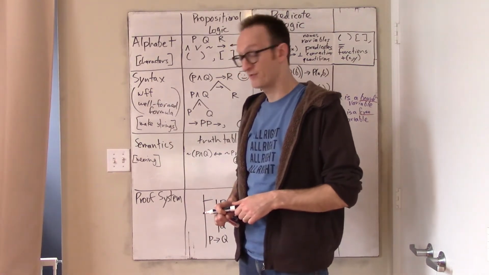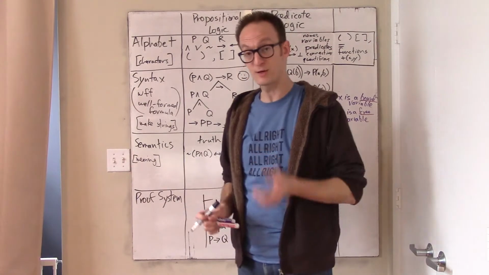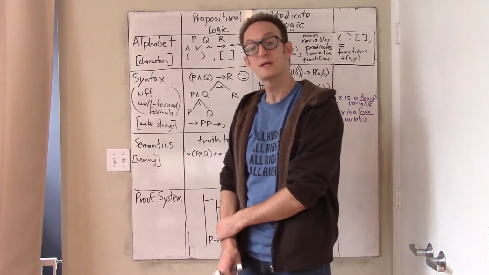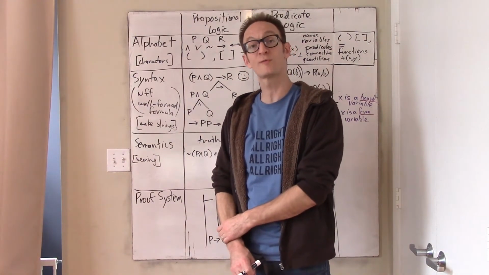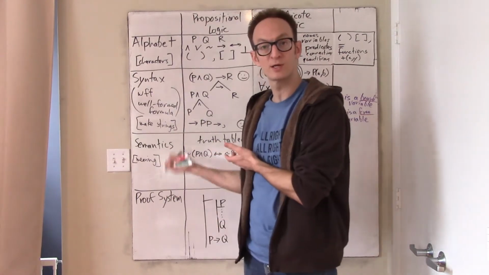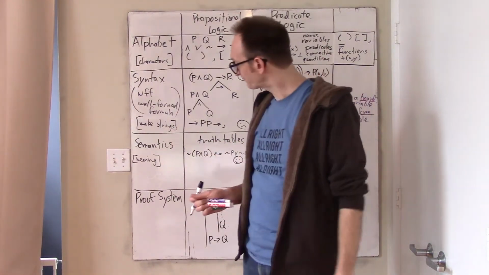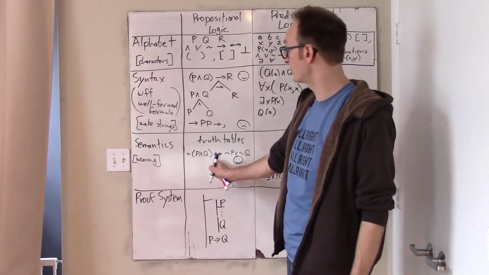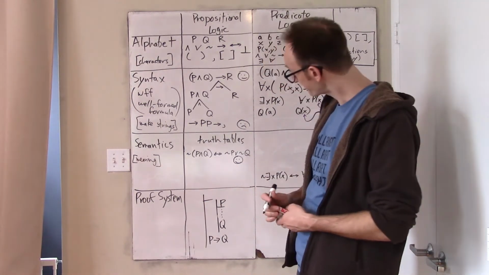And so it's a matter of simply listing every possibility for each of those propositional variables that appears in that formula, whether it's true or false, and I can figure out whether or not this is a tautology.